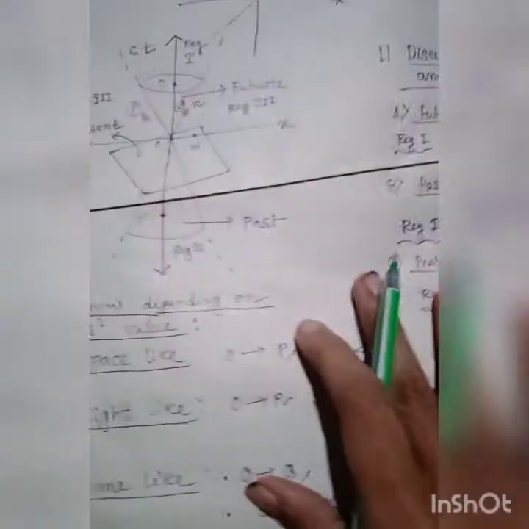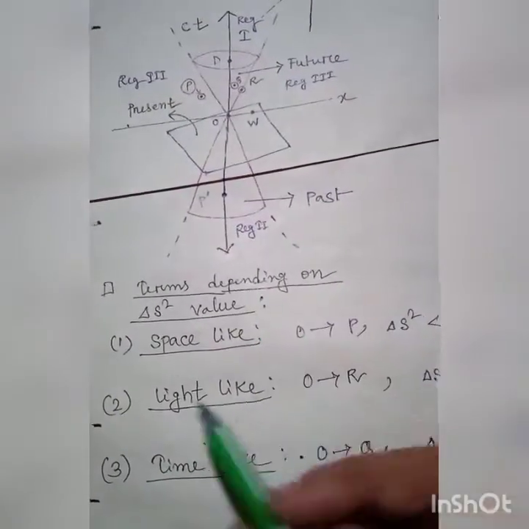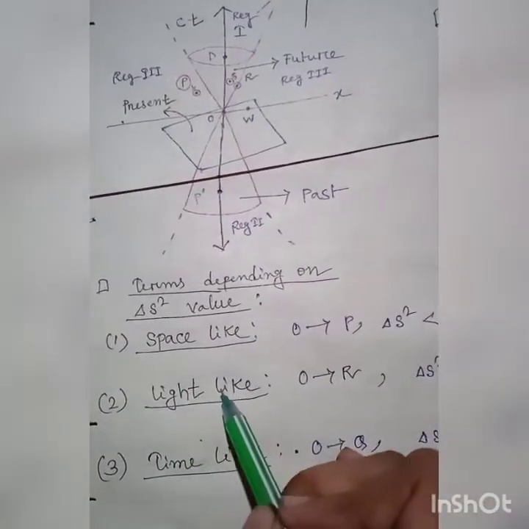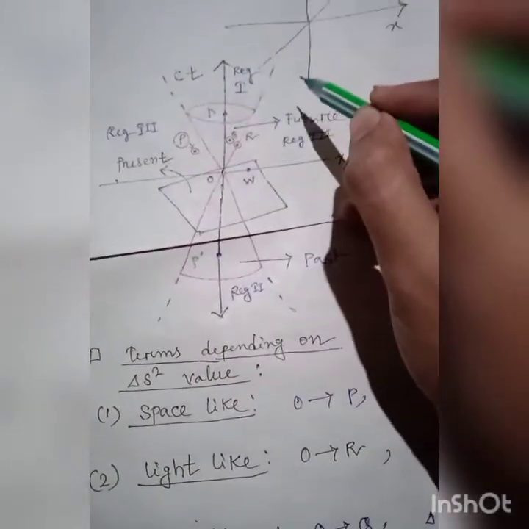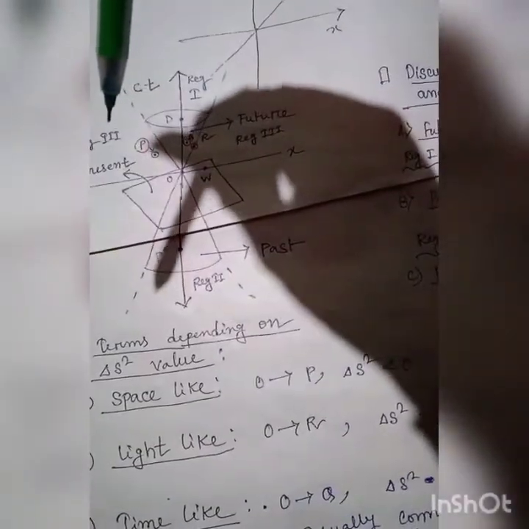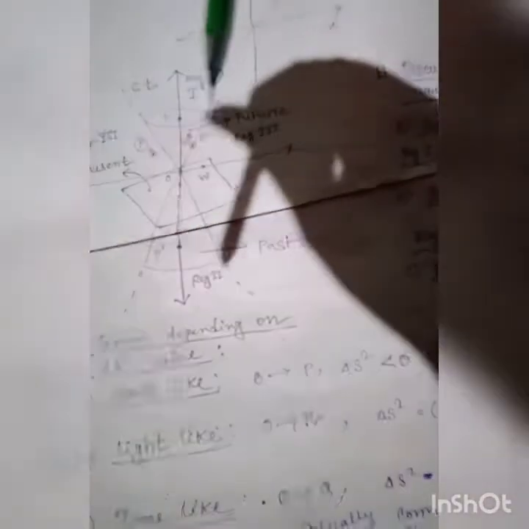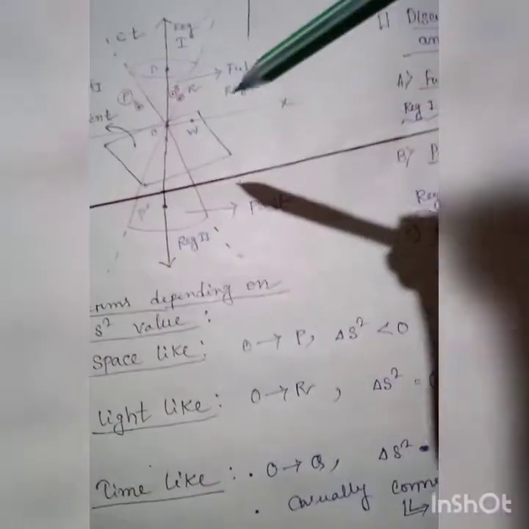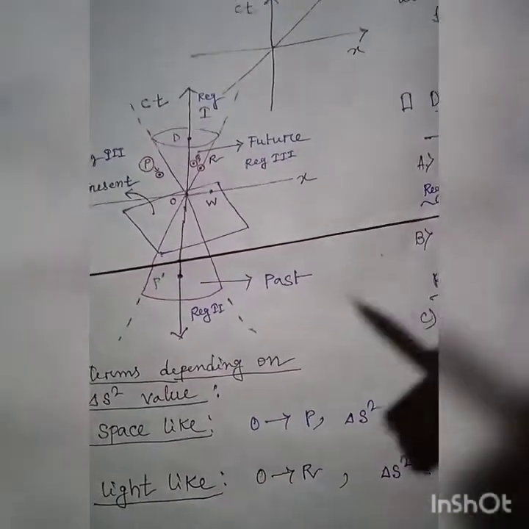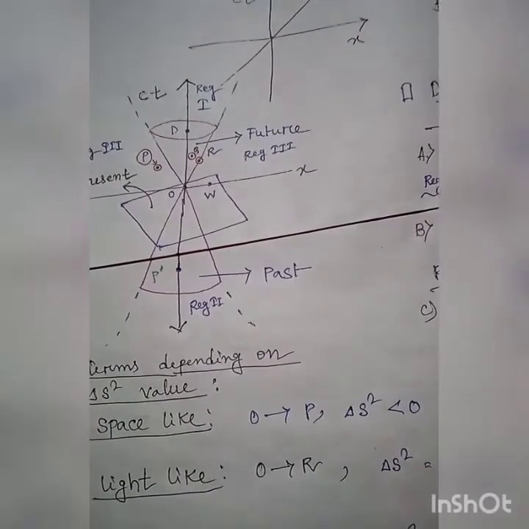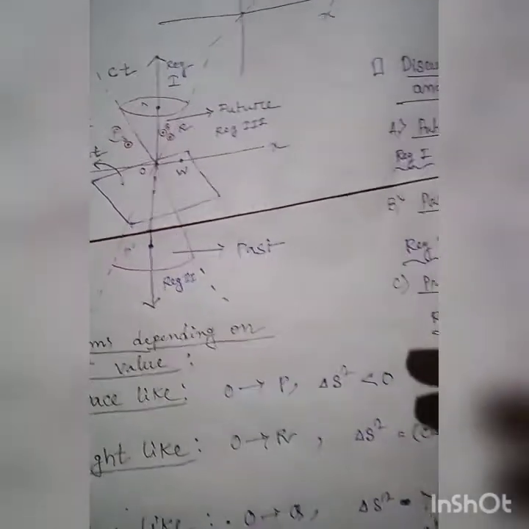That's why it is said to be light-like. If you consider this O to R line and move it in a way to make a circle parallel to the rectangle shown here, you will obtain a cone in 3 dimensions. This cone is referred to as the light cone.